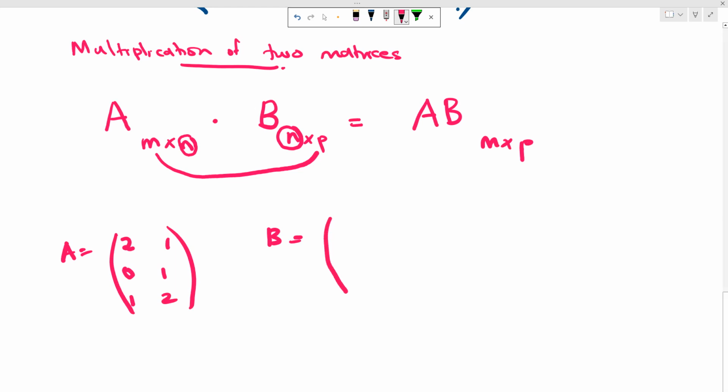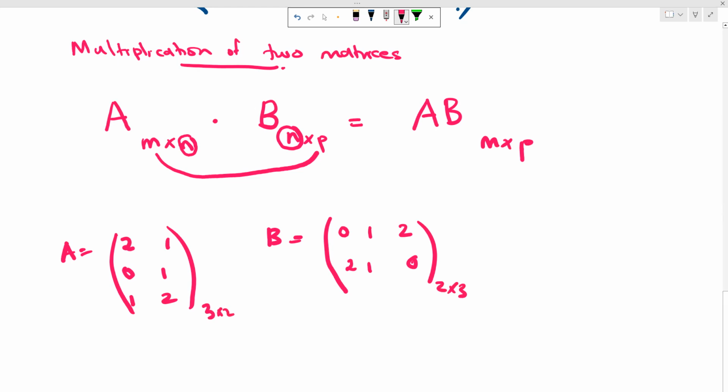Okay, so this is A, and we will take another matrix B. So this will be, let's say, 2 by 3. So 0 1 2, 2 1 0. Now we can multiply this A and B. The dimension of this matrix is 3 by 2, and this is 2 by 3.